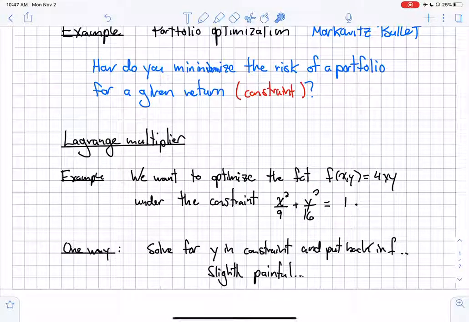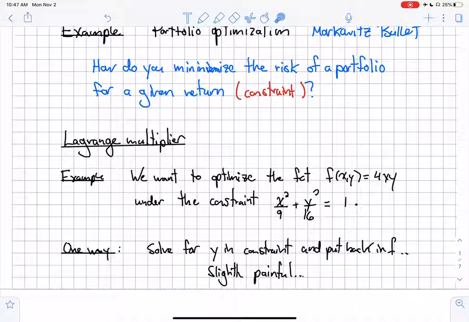Here the constraint is that I'm only interested in the x and y such that x squared divided by 9 plus y squared divided by 16 is equal to 1. In other words, I only want to find the minima and maxima of that function for x, y lying on this ellipse.